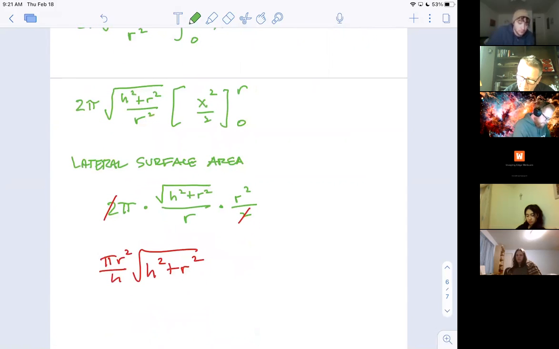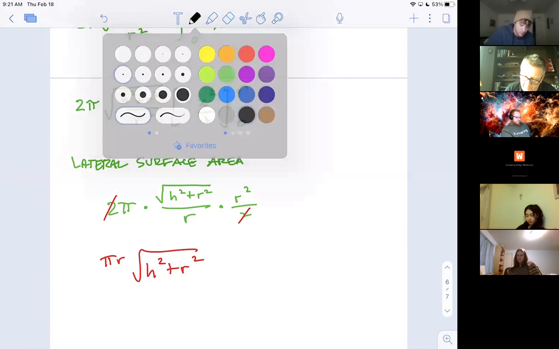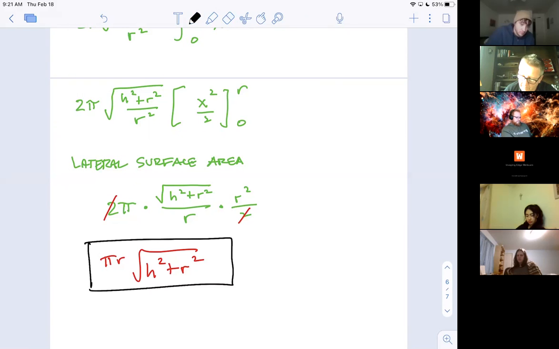So now this R cancels with one of those R's, and so that doesn't exist. Actually, I think this is actually correct. That's right. And then we have 2 pi out front, right?